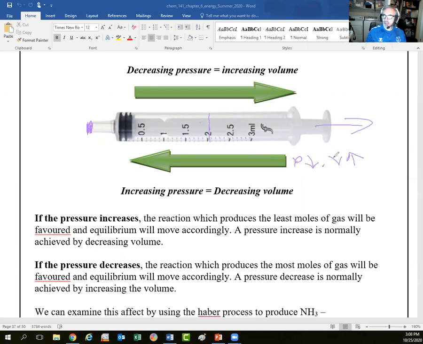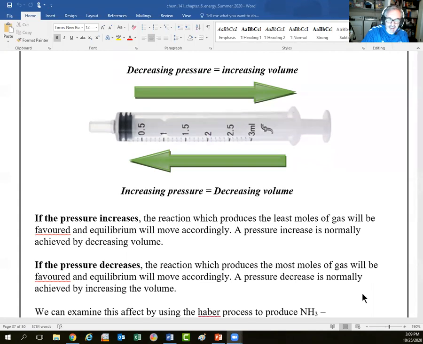A bit like if your chemistry instructor stops pressurizing you and backs off, then you've got more space. And it's the same analogy for these chemicals. When the pressure's off, they have more space. Le Chatelier tells us that the chemicals want to instinctively fill that extra space with chemicals. So when the pressure is decreased, we favor the reaction producing the most moles of gas.